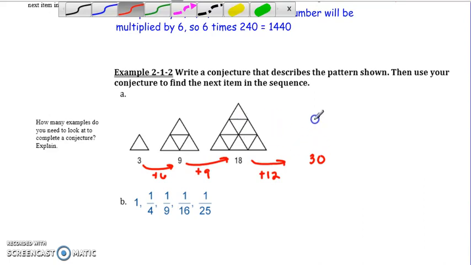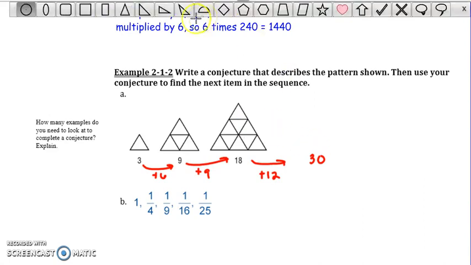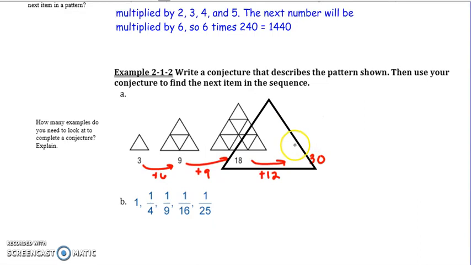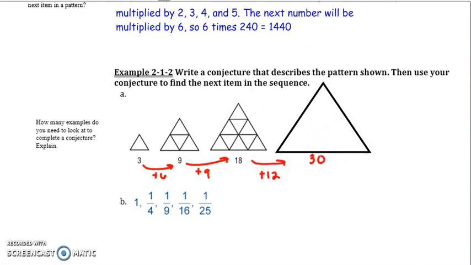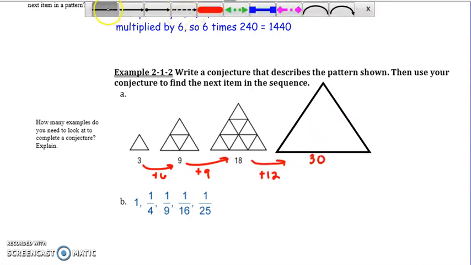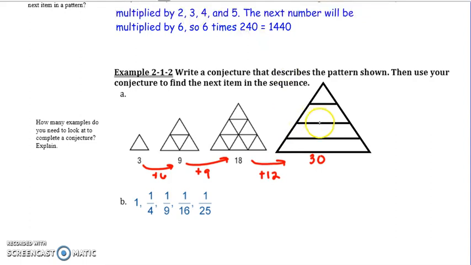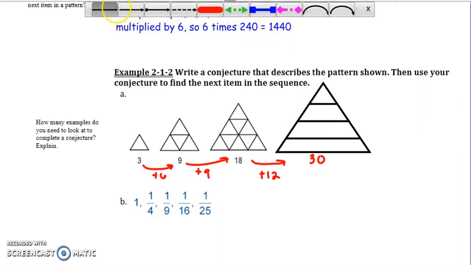And then it looks like we would have our triangle. Make kind of a triangle, a bigger one here. And then it looks like we have 1, 2 lines, so we're going to end up having 3. 1, and then 2, and then 3. And then we split it into those little triangles.